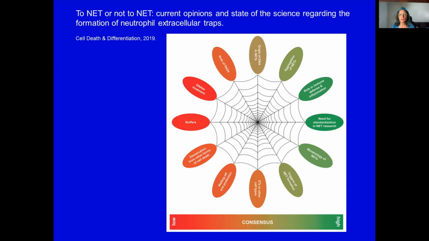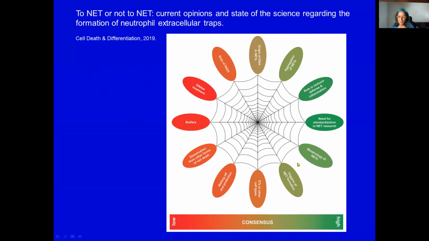But of course, there is a lot of controversy in the literature. So they did a meeting in 2017, if I'm not wrong, but this was published just in 2019, where they did a survey with most of the participants, with different questions about what is known at that time about NETosis.